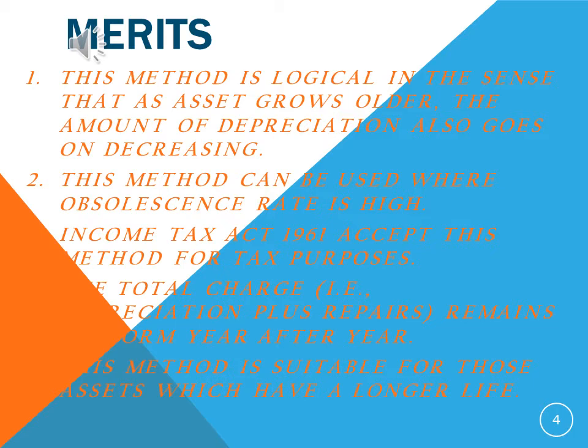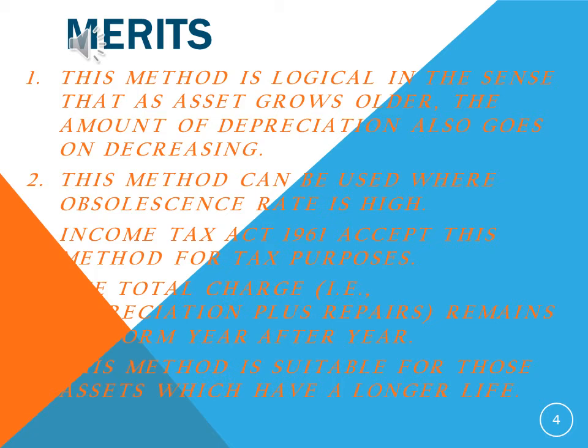The fourth point says that the total charge on the asset, whether it is depreciation or repairs, remains uniform year after year. It means if the depreciation is decreasing, if the value of the asset is decreasing, its repairs are increasing. If the value of the asset is increasing, the repairs are decreasing.